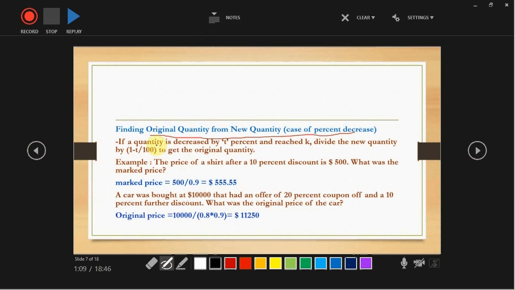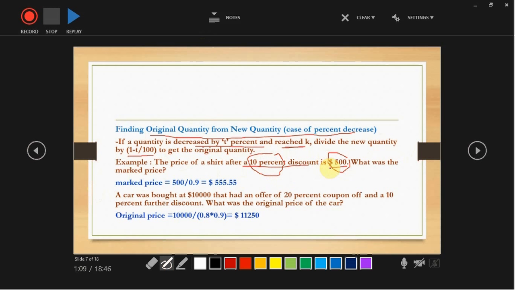The next is related to finding the original quantity in case of percent decrease. If the quantity is decreased by some t% and we know the new quantity, to get the original quantity, we divide the new quantity by 1 minus t over 100. For example, the price of a shirt after a 10% discount is $500. So we know the new quantity and we know that there is a 10% deduction.